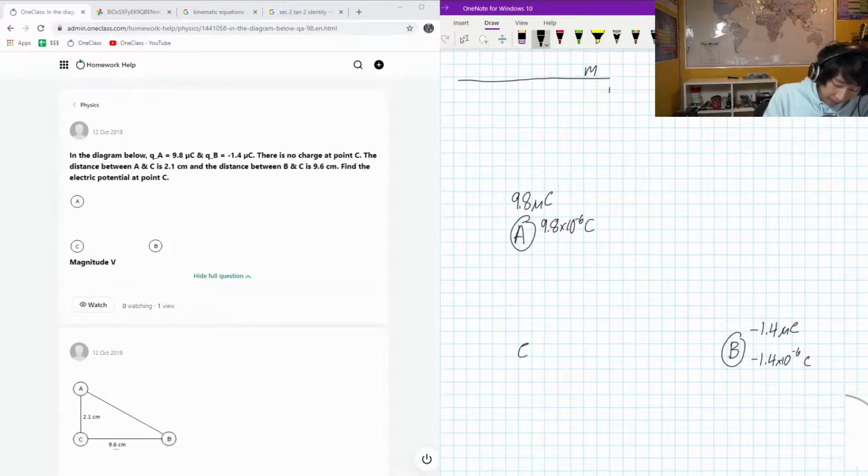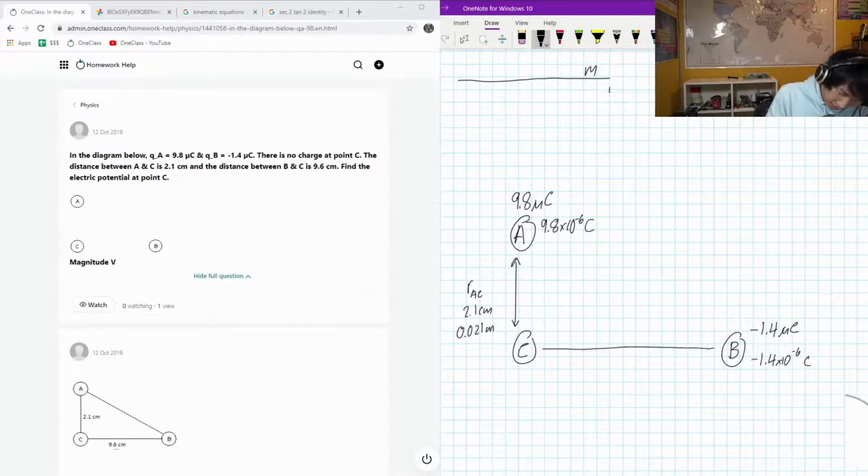Okay, and we have point C, that is, if this was a right angle triangle, C would be where the right angle is. C has no charge. And the distance between these two, let's call this RAC, here we have 2.1 centimeters, also known as 0.021 meters.